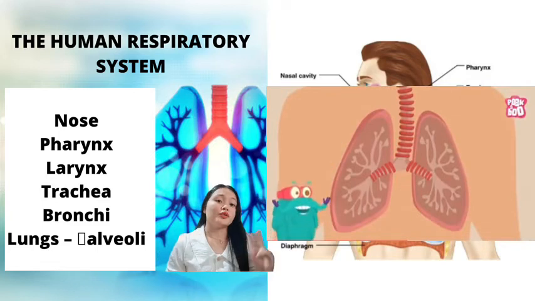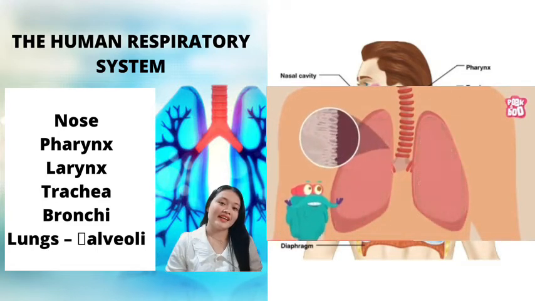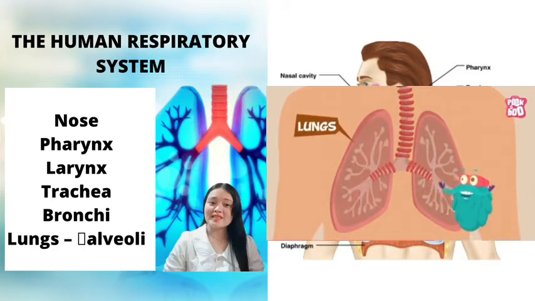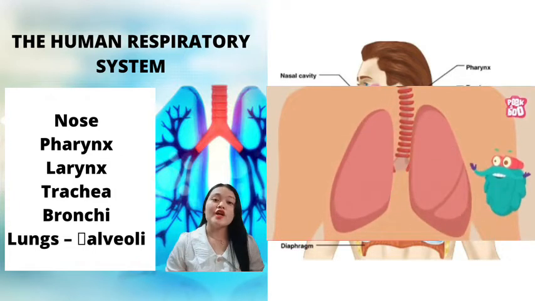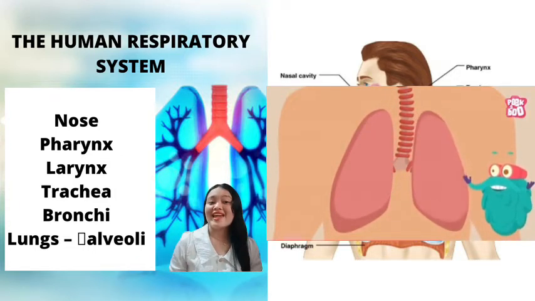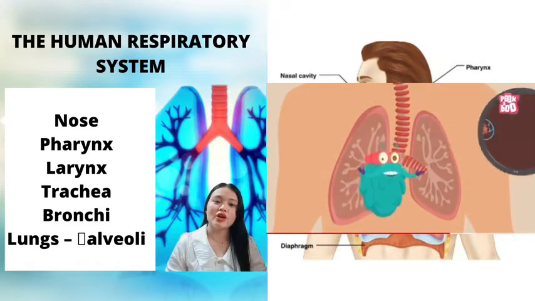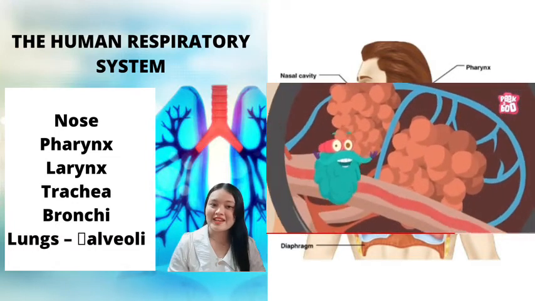The bronchi are the two large tubes that carry air from your windpipe to your lungs. Next are the lungs. Your lungs are part of the respiratory system. They are a group of organs and tissues that work together to help you breathe. And the alveoli. The alveoli are where the lungs and blood exchange oxygen and carbon dioxide during the process of breathing in and breathing out.